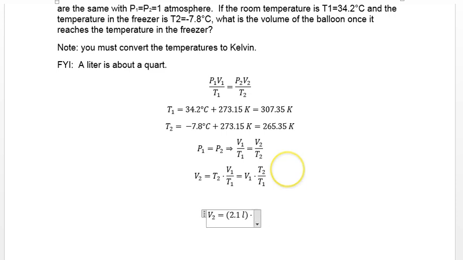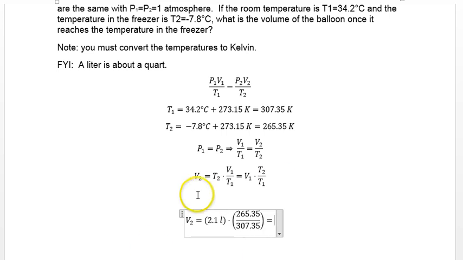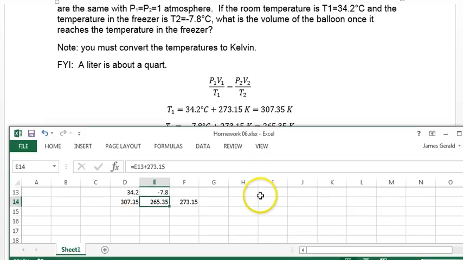Times T2, which is 265.35, over T1, which is 307.35, right? And so we've got to pop over to Excel.